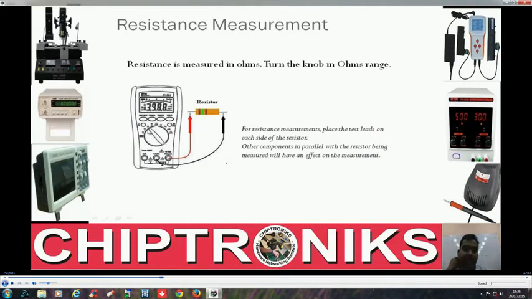So we have set the function, we have turned the knob to the ohms range, and we put the red probe on one side and the black probe on the other side, and it will display the value of resistance. And if the value of resistance is similar to the value calculated through the color coding, that means this resistor is good. This is a good quality resistor.